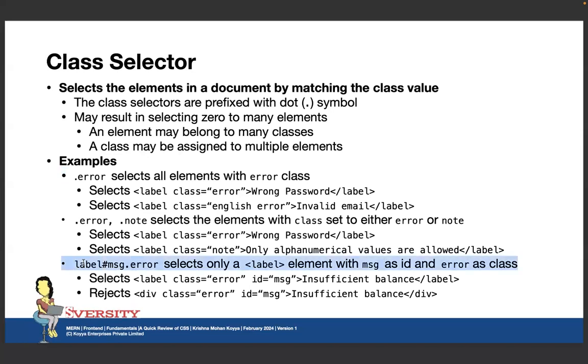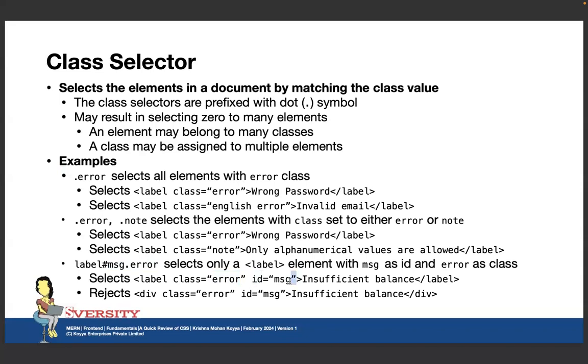Here it is a combinator. It is using all three combinations. Label is the element selector, message is the ID selector, error is the class selector. So it selects an element that is a label element, as long as it has msg as its ID and also error as its class. You see here, this is a label, and it has a class called error, that is also okay.